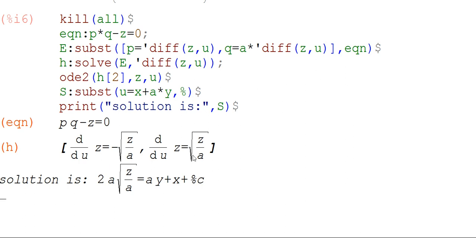The second term will be a positive term. That's why I have taken here ODE2 of h of 2, meaning I want the second term. If you take h of 1 here, I'll get minus this, only the sign will change. So like this, you can solve any differential equation of the form f of p, q, z is equal to 0.